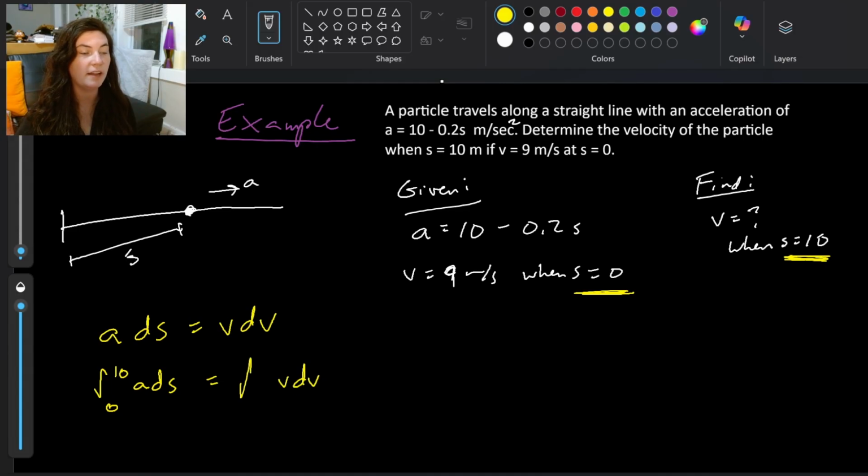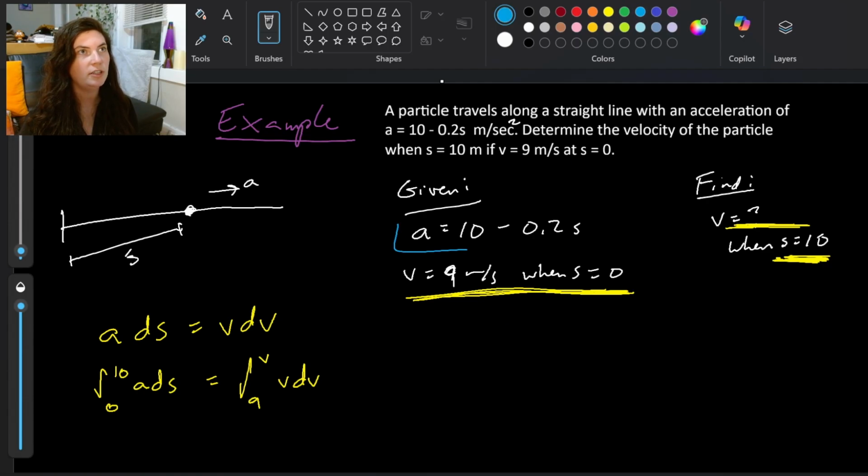Now my lower bound for velocity is going to match the same bound as my position. So when s equals 0, the lower bound for my velocity is 9 meters per second. And then my upper bound will match the upper bound for what we're trying to find. My upper bound was 10 meters for position, and my upper bound for velocity is unknown. This is the thing we're trying to find, so I'll leave the upper bound as just v for this integral.